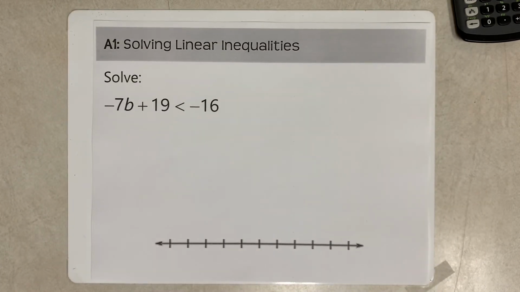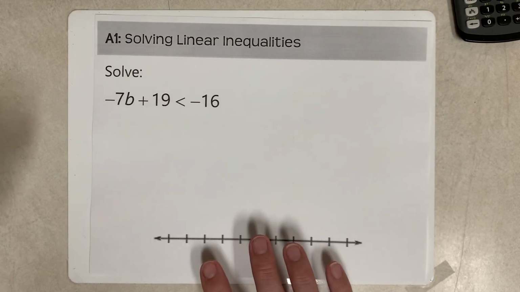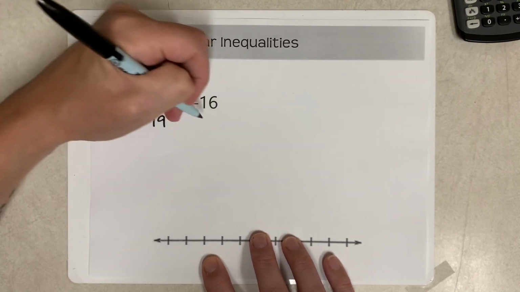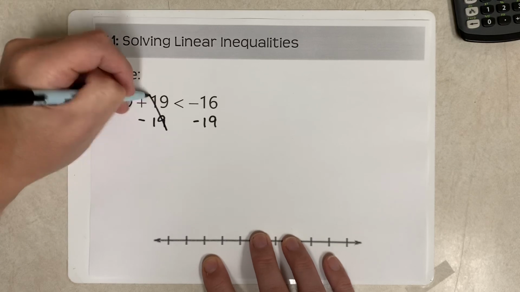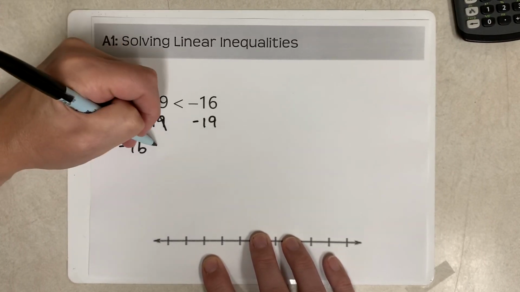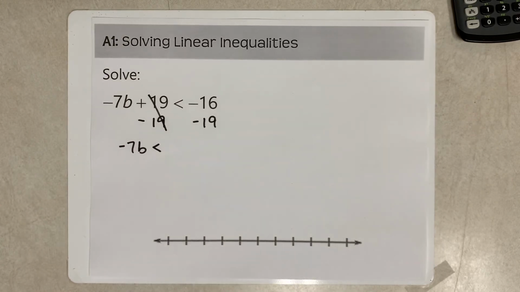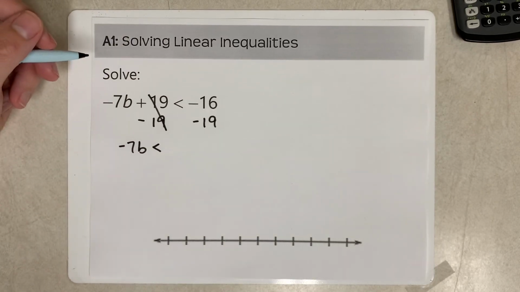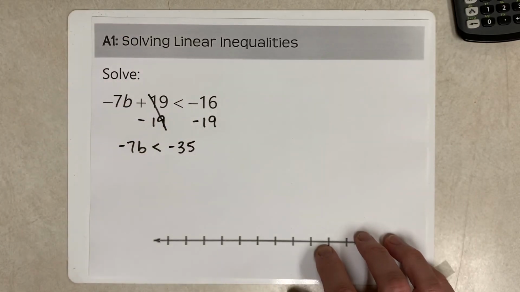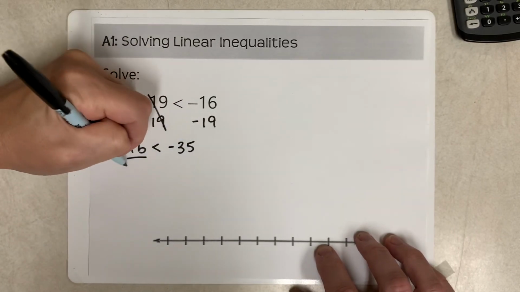Here we have another two-step, and so let's see how this one's going to shake out here. Again, you want to solve it like an equation. Subtract 19 on both sides, get rid of that. Bring down my negative 7b, still less than because I didn't multiply or divide by a negative. And negative 16 take away 19 should be negative 35. But now I am going to divide by a negative, aren't I?